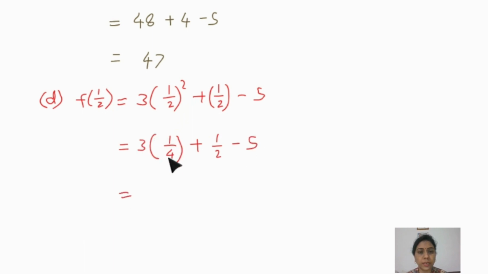When we multiply this, we get 3/4 plus 1/2 minus 5.